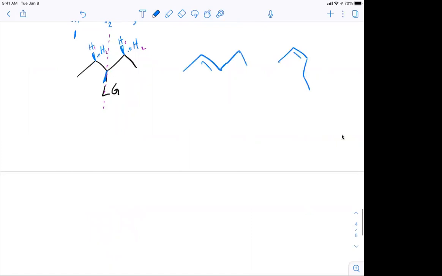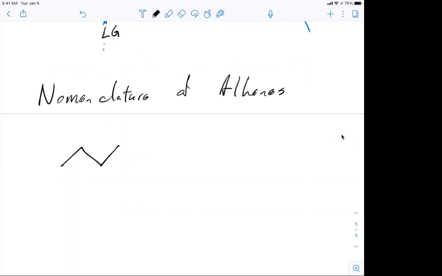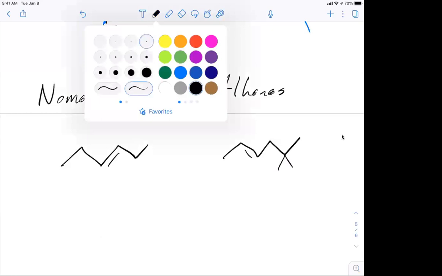All right, let's step back a little bit, look at some nomenclature of alkenes, stability. We still start with the same thing.